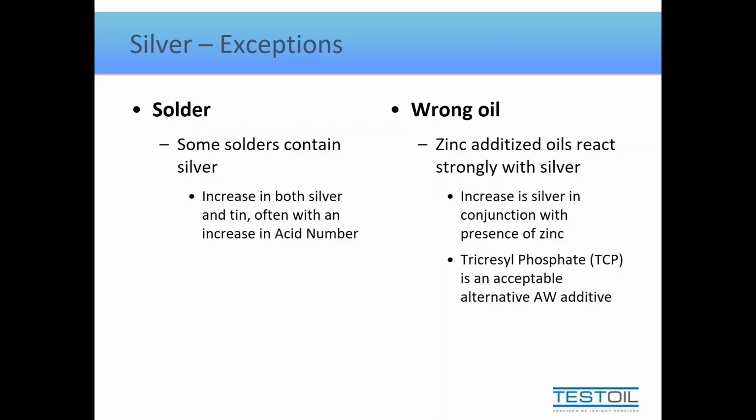So when we do have an EMD locomotive type engine or an aviation application using silver parts, it's always recommended that we use a zinc-free formulation. Now, zinc is commonly found as an anti-wear additive in many types of hydraulic and engine oils, so it becomes a pretty popular choice, but we can use tricresyl phosphate instead, and that will provide the same type of anti-wear protection without giving us the potential for the silver corrosion.